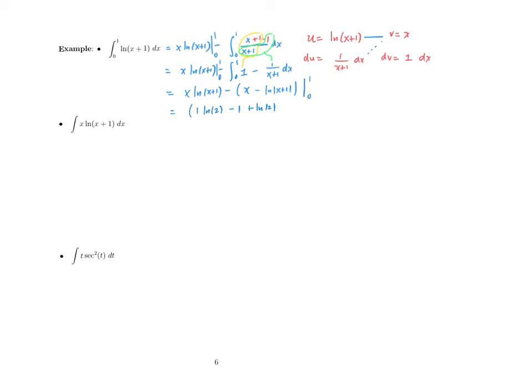Note the minus sign in that second piece needs to distribute. Then we're subtracting away what we get when we plug in 0. So 0 minus 0 plus the natural log of 1. And note, natural log of 1 is equal to 0. So we end up with 2 natural log of 2 minus 1.